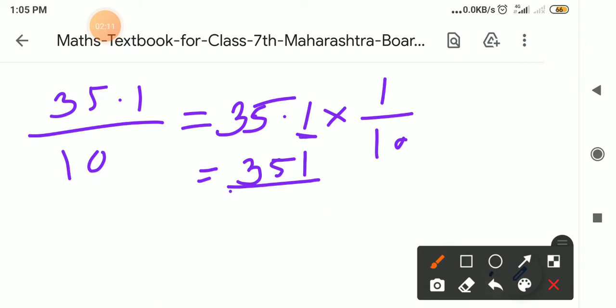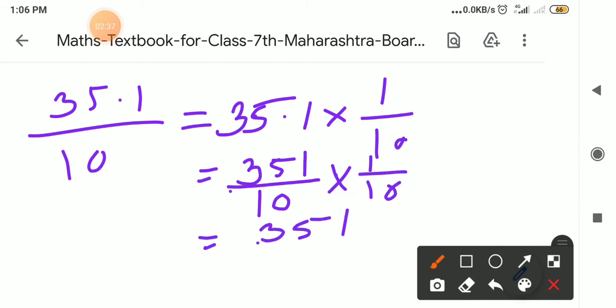So instead of writing 35.1, you write 351, and since there is one digit after the point, you write 10 below, because of the one digit we have to give one 0. Into 1 upon 10, and the answer starts with 351.